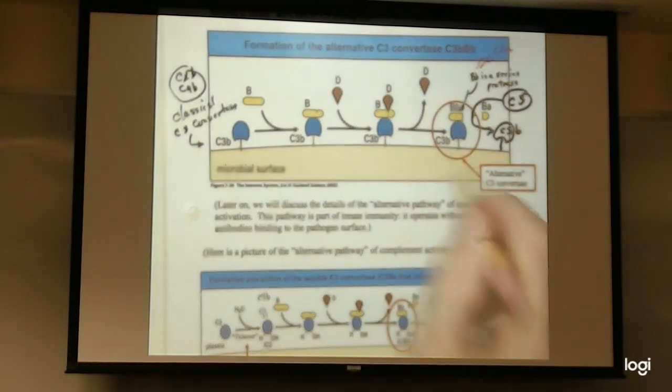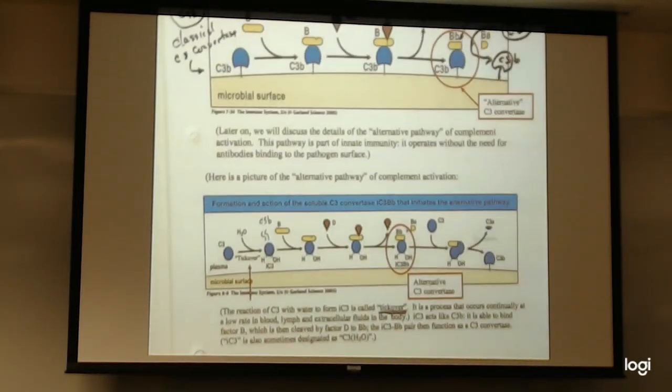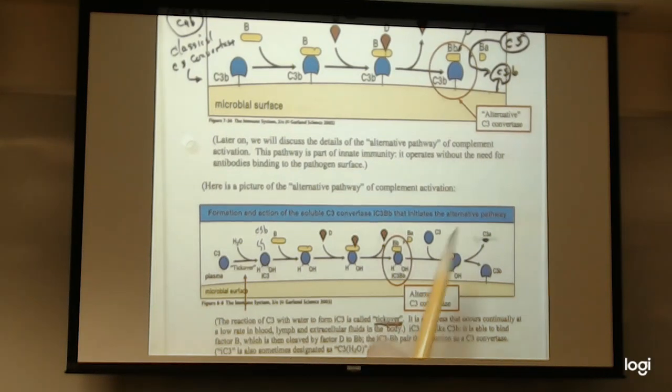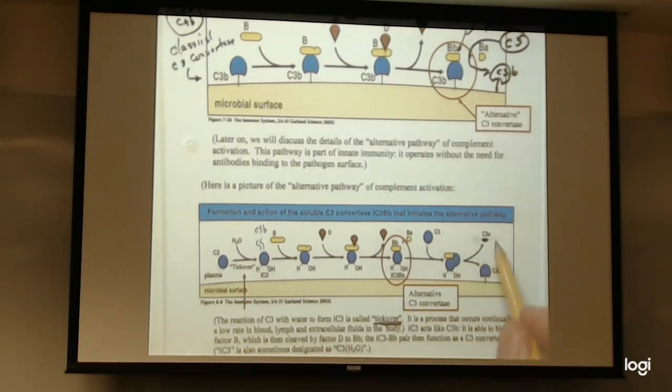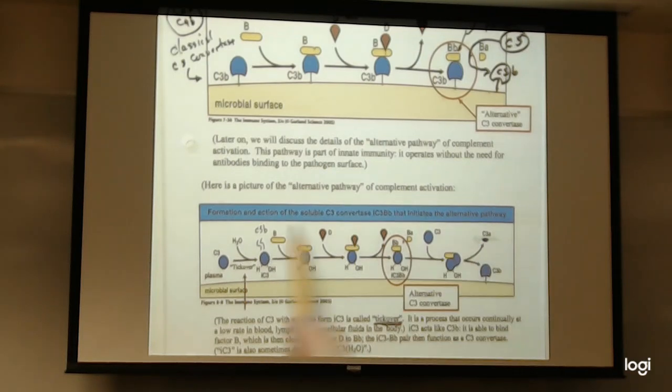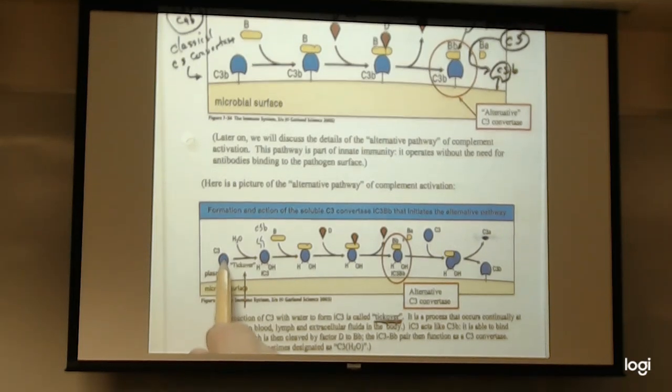And this is reminiscent of another one. Remember we talked at the very beginning about the three pathways that can lead to the activation of complement. One of those three pathways is the so-called alternative pathway. Here, I told you that C3 has this buried, reactive thioester structure.